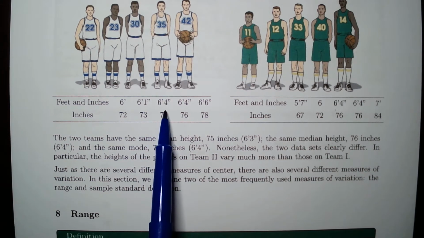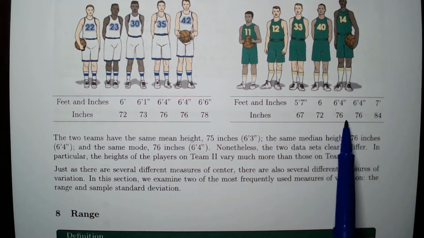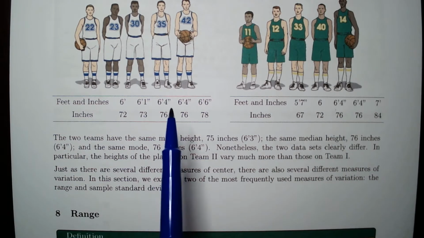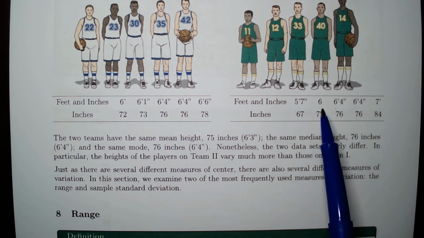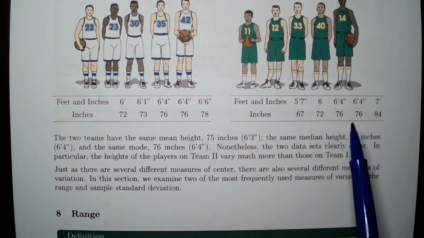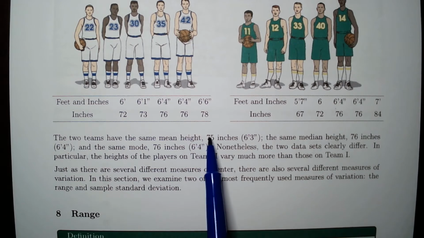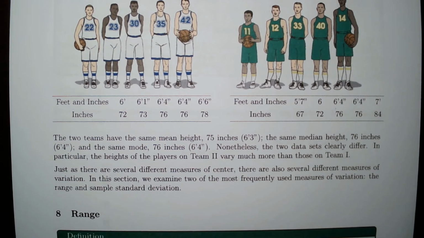If you look at the median, 76 is in the middle, and the mode is 76. I don't want to spend too much time calculating the mean, but let's just trust this number, 75. So they have the same measures of center: the same mean, median, and mode.